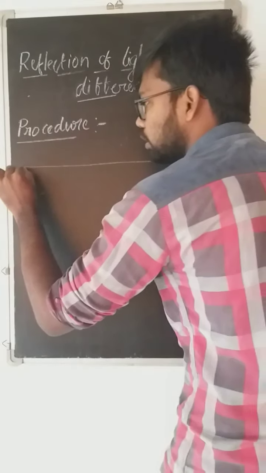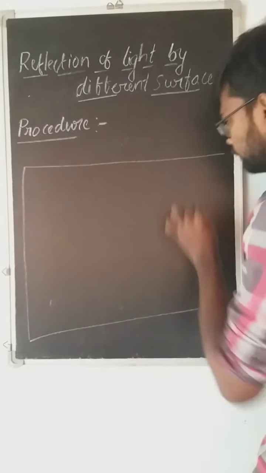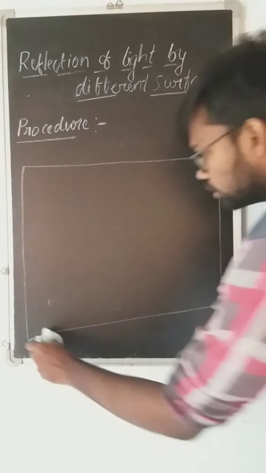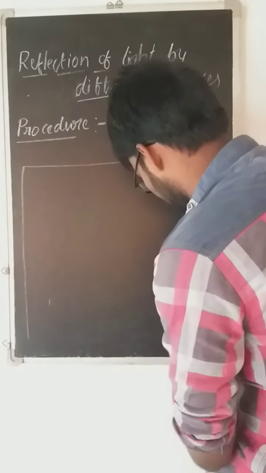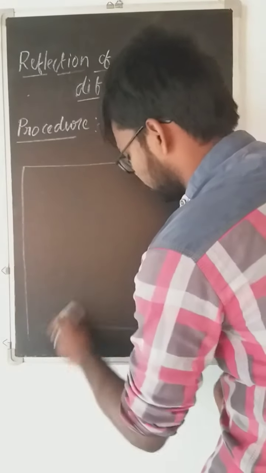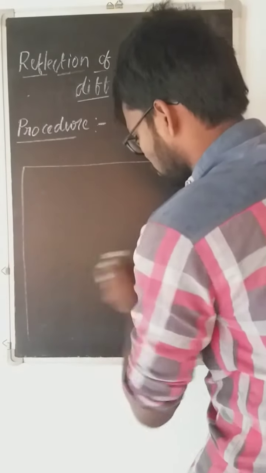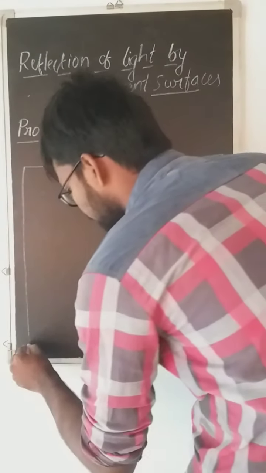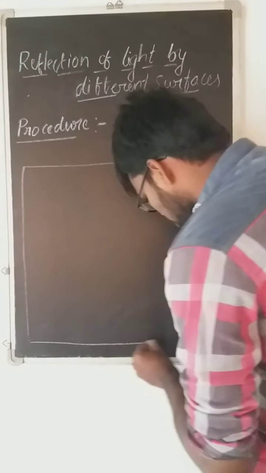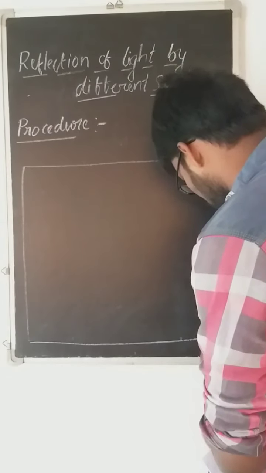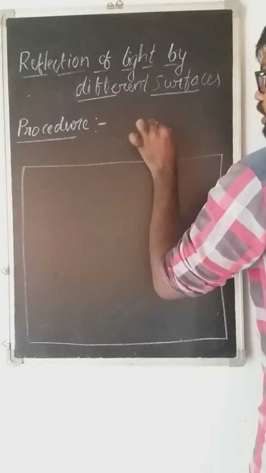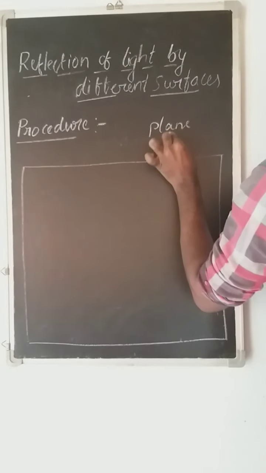This is totally plain white sheet. We take it as a plain white sheet. I am writing here: this is plain white sheet.